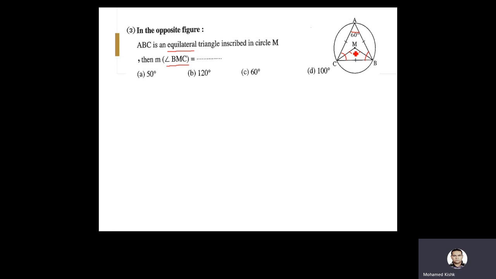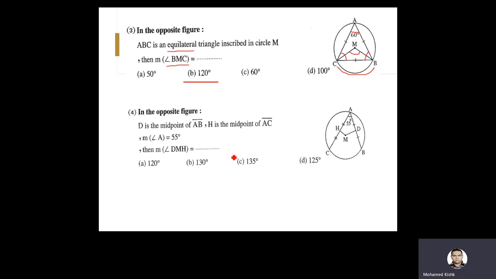We already know that angle BMC is a central angle, and angle A is inscribed, and both of these angles are subtended by the arc BC, and we know in this case the central angle is equal to double the inscribed angle. That means angle BMC will be exactly 120 degrees.